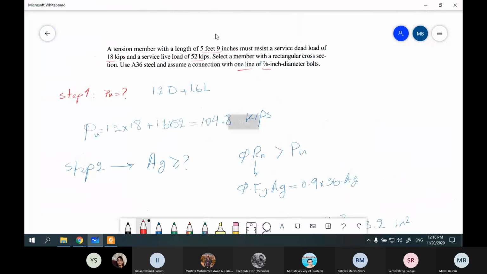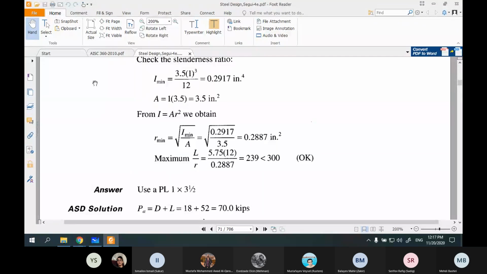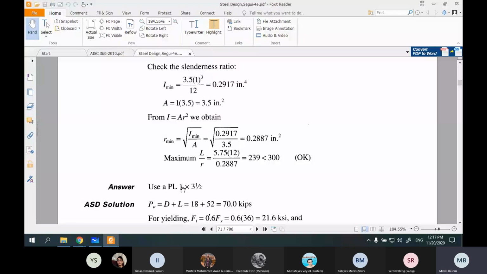So 5 times 12 plus 9, divided by r, and this is less than 300. So the slenderness ratio is okay. So the plate 1 by 3.5 can be a choice.